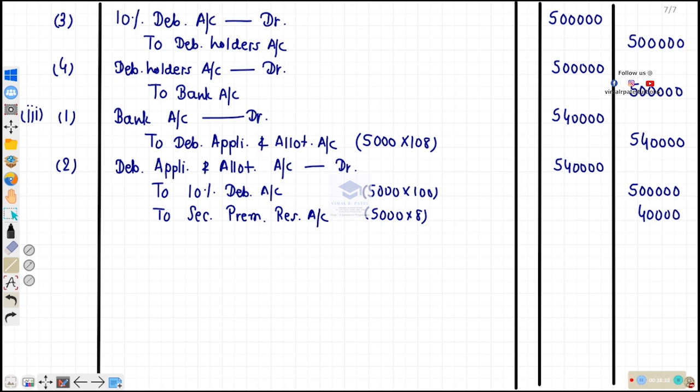Clear? Now, at the time of redemption, redeemed at par. So, same entry as above. 10% debenture account debited to debenture holder.